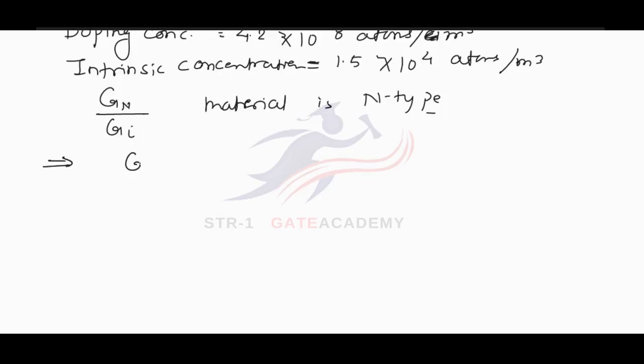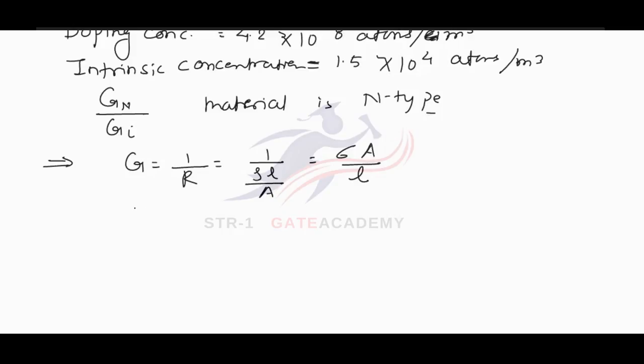We know that conductance of a material is equal to 1 by resistance, and resistance R equal to rho L by A. From this equation we can write conductance equal to sigma into A divided by L.